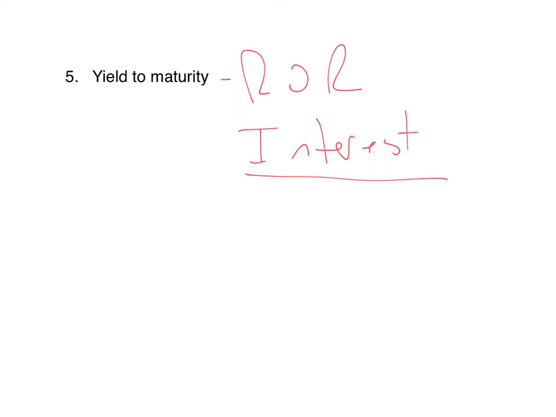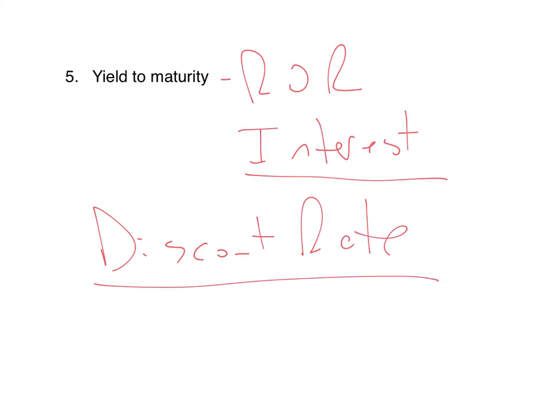For now, let's think of yield to maturity this way. Yield to maturity is simply the discount rate that we apply to the cash flows of a bond. If you can just remember that concept, you'll be fine. It is the discount rate that is applied to the future cash flows from a bond.